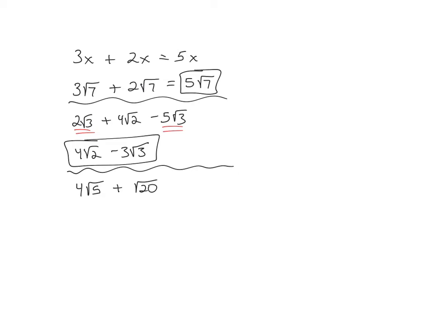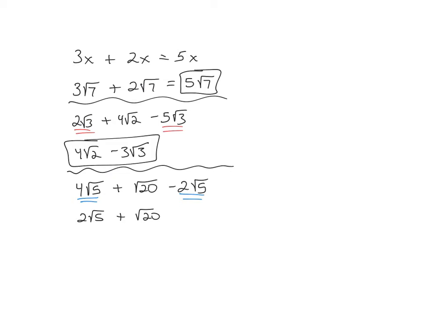Or maybe if you had something like that, you might think, okay, well, those are my like terms, and so I have 4 minus 2 is 2 radical 5, and then just like radical 20. But the 20 we can simplify. And so on all of them that can simplify, we need to do that.